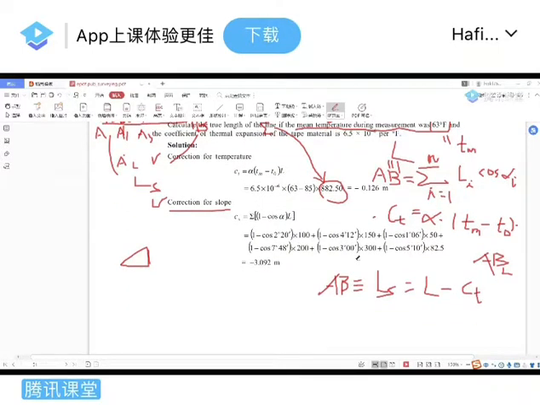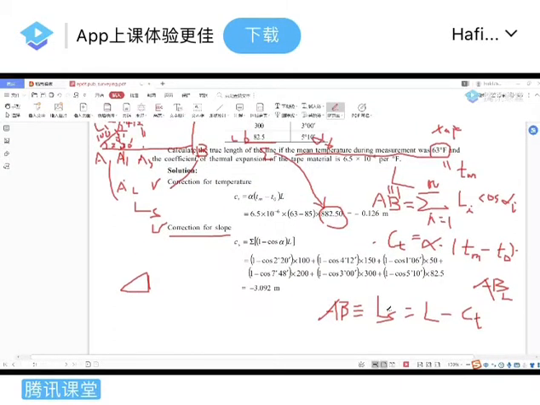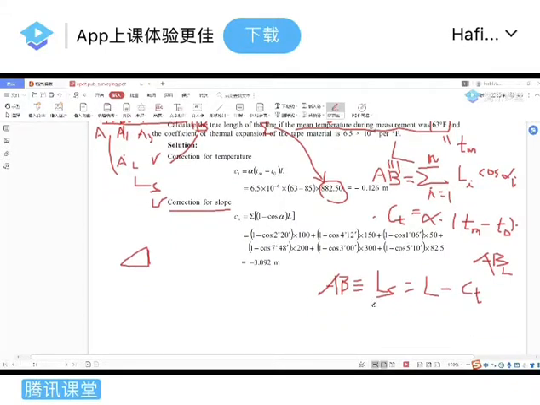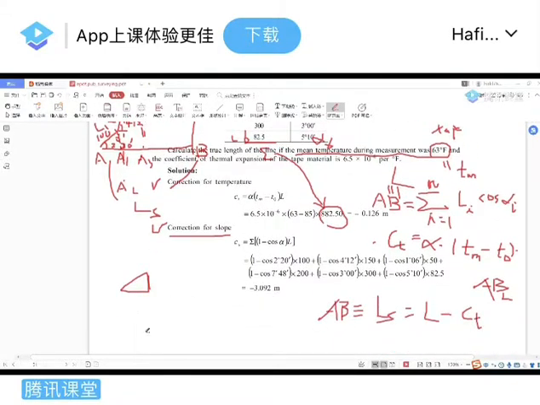Let me see. Previously I was thinking maybe I should put an absolute value or something over here. I'll put an absolute value over here. Anyway, you just have to check, because now you are using the smaller one.